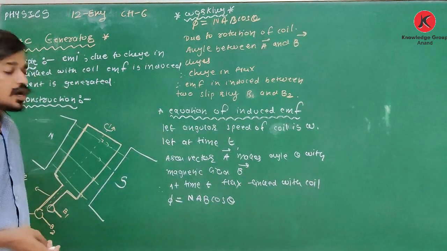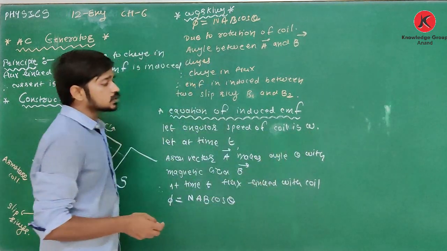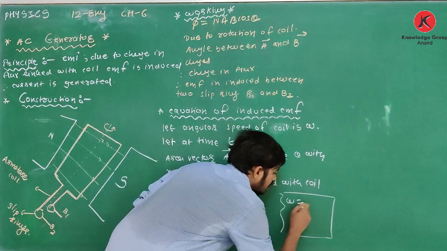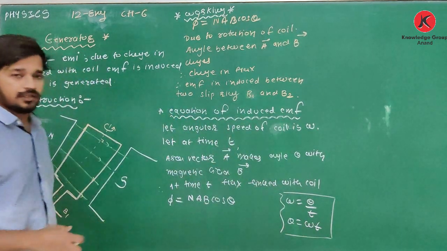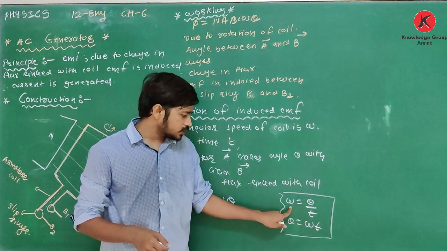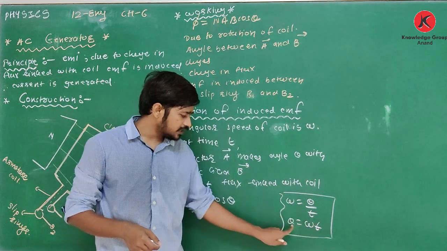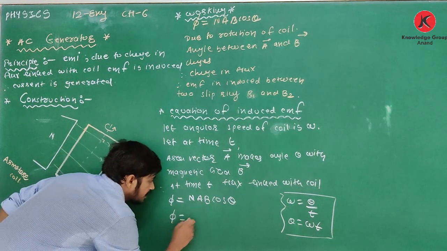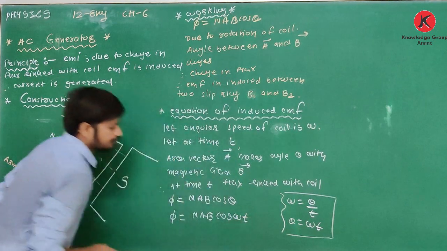I can also write, since angular speed omega is equal to theta upon t, angular speed is equal to angular displacement upon time, so theta is equal to omega t. So here I can write this equation as phi is equal to NAB cos omega t. Clear about this?